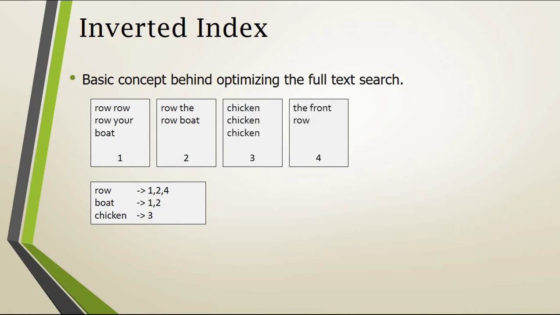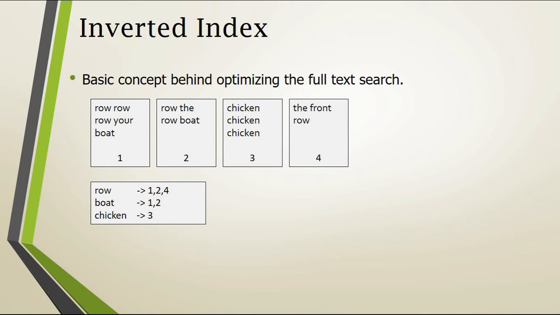Here what we have done is we have listed down all the unique words in these documents, and the numbers of the documents in which each word occurs. So in this example, if we take the word row, it occurs in documents 1, 2, and 4. So let's say someone searches for the list of documents that contain the word row. We can easily do that using this method. It's pretty easy.